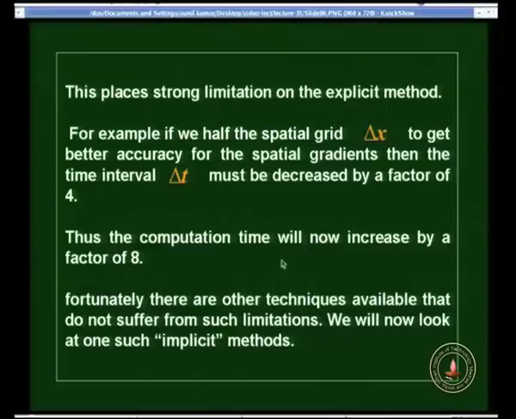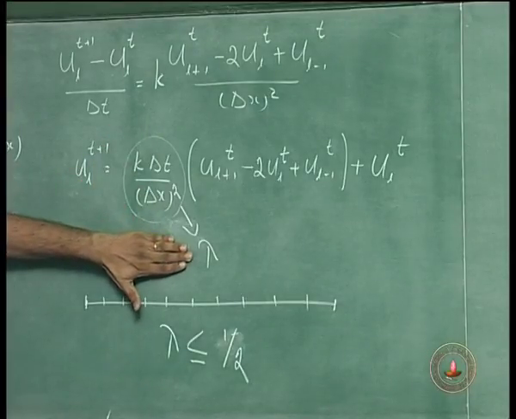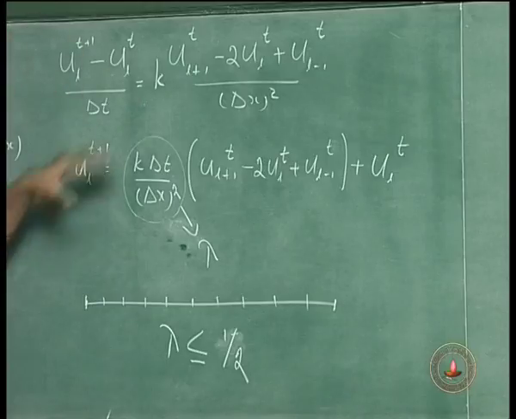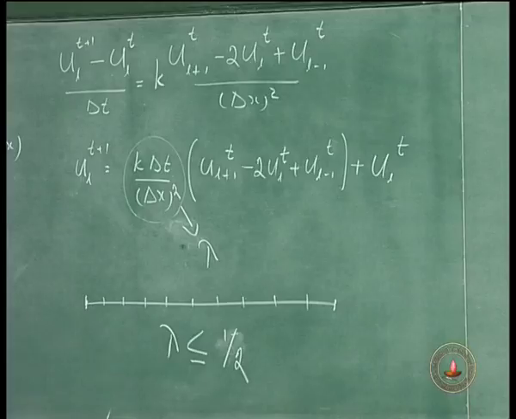Okay. The implication of this is the following: if you change the grid size delta x in the spatial grid, we also have to change the delta t correspondingly, if you want to keep lambda a constant. So we choose a lambda for which this equation is stable and gives a stable solution, and you want a little more spatial resolution.